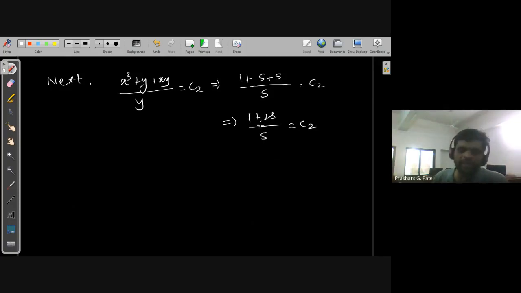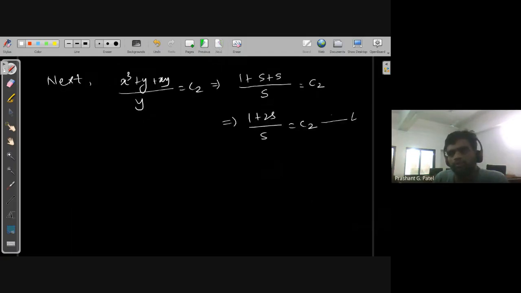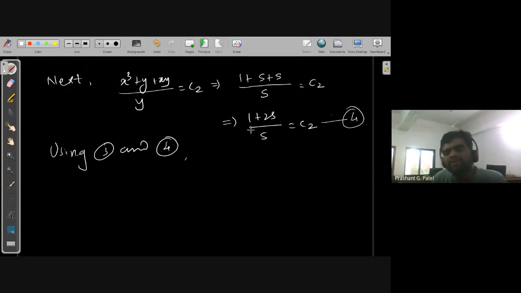Now we need to eliminate s between these two equations, that is equation 3 and equation 4. Using 3 and 4, we need to eliminate s so that we have the equation only in terms of c1 and c2.